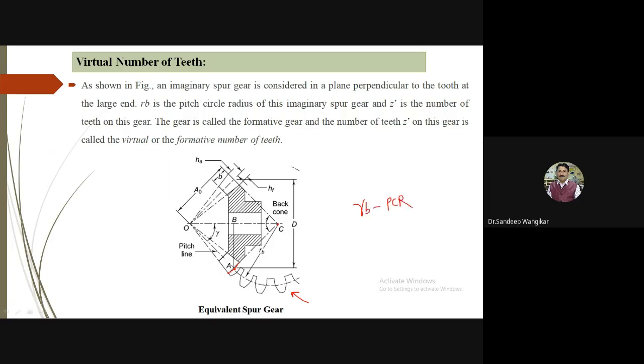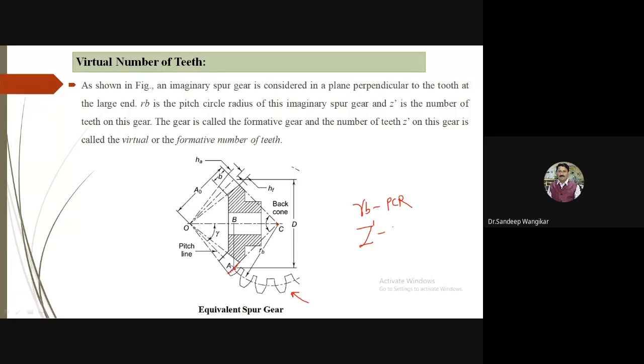RB is the pitch circle radius of the imaginary spur gear, and Z dash is the number of teeth on this gear. This gear is called the formative gear. As I have already said, it is virtual and imaginary.